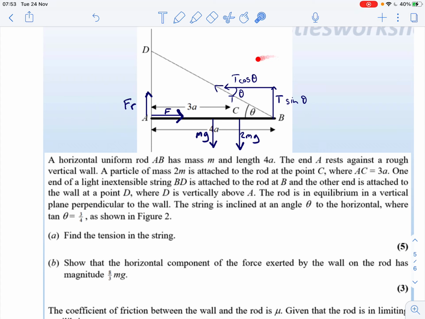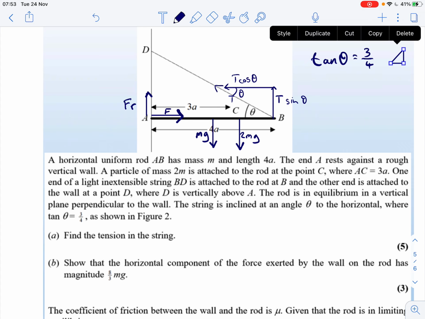Now you might say, well, what about sin theta and cos theta? Well, we're told about tan theta. Tan theta is 3/4, and I can draw a quick triangle to help me with this. So if this is theta, then opposite over adjacent, the hypotenuse will be 5.